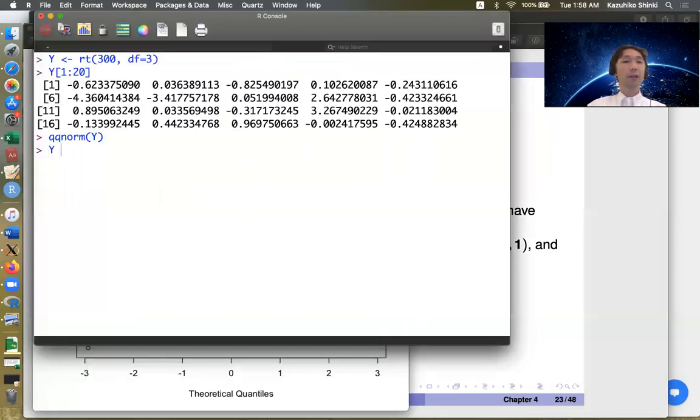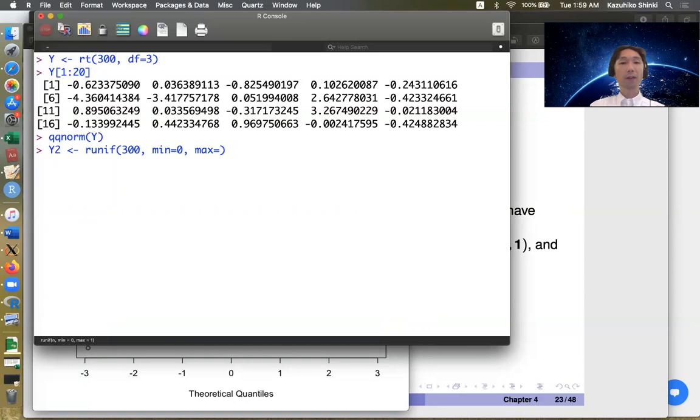Okay, we can try. This time, maybe y2, a uniform random variable, runif of 300. Then we have to specify the smallest possible value and the largest possible value, the lower bound and upper bound.